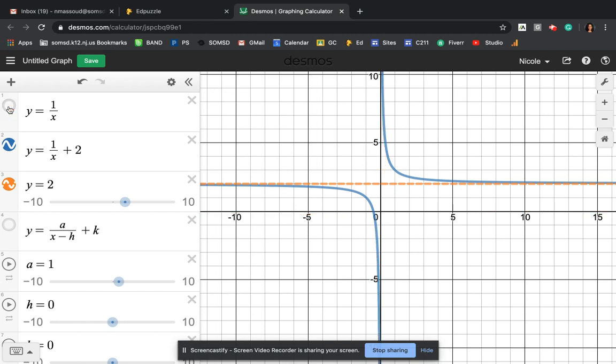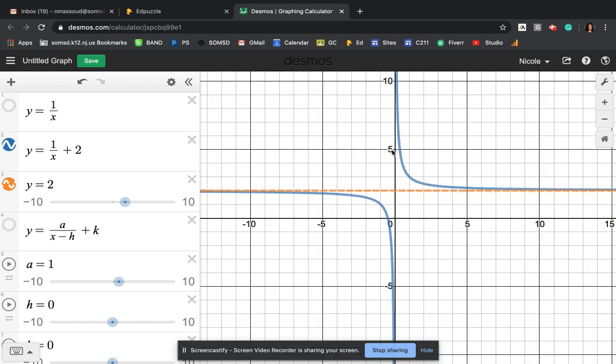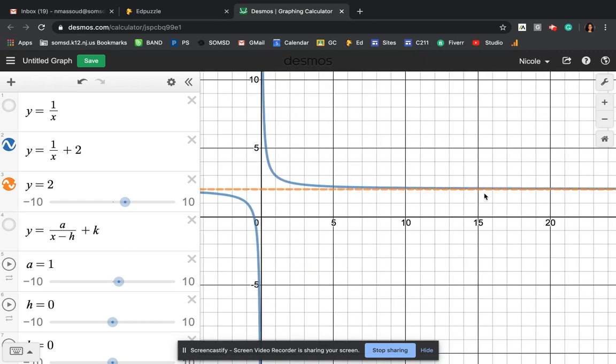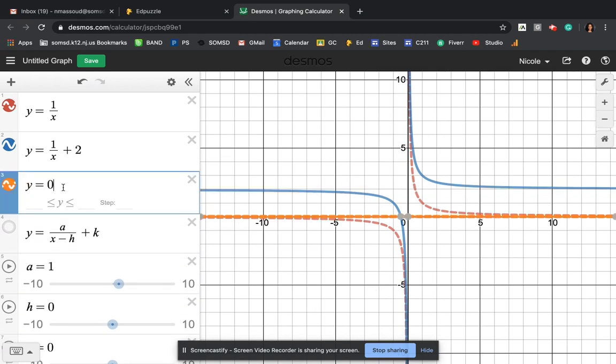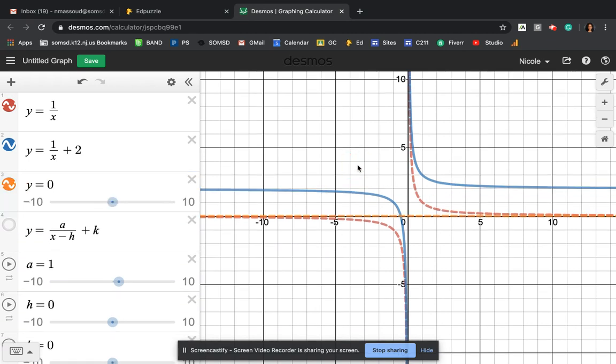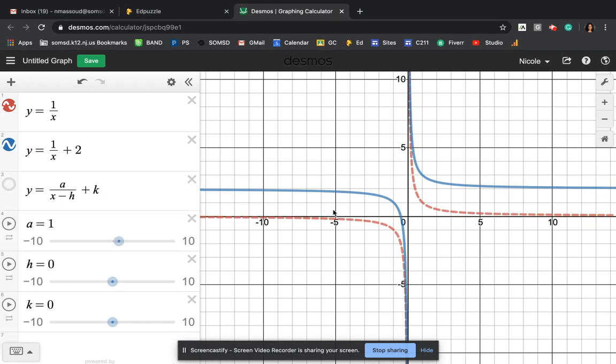It looks a little messy, but let's go here. You see how that's the new asymptote? It's now infinitely approaching y equals 2, and no longer, like this function, is it infinitely approaching y equals 0. So your asymptote moves with the function.